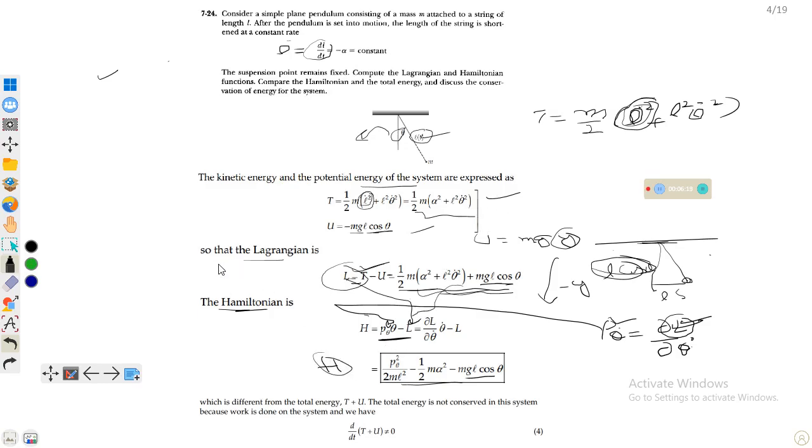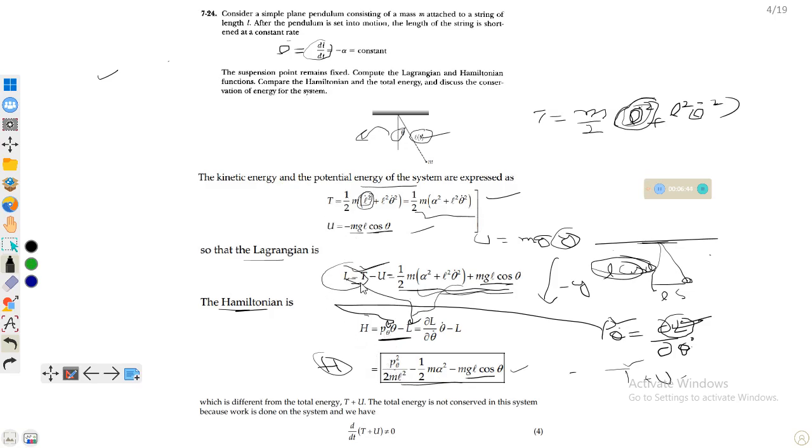So we have to compare this Hamiltonian with the total energy, which should be equal to T plus U, because total energy is always equal to kinetic energy plus potential energy, and this is the Hamiltonian. If we sum this kinetic energy plus this potential energy, it should be equal to this Hamiltonian if the system is conservative.